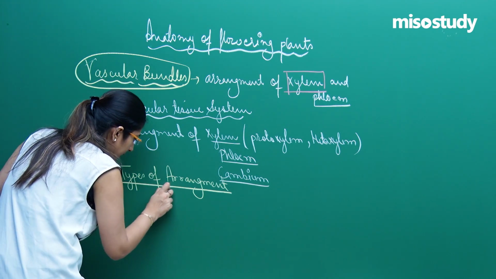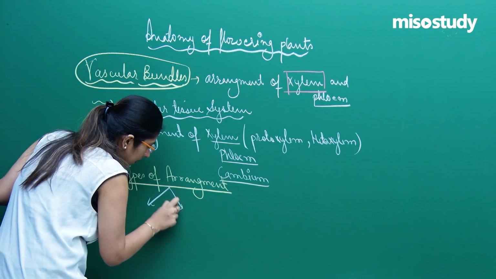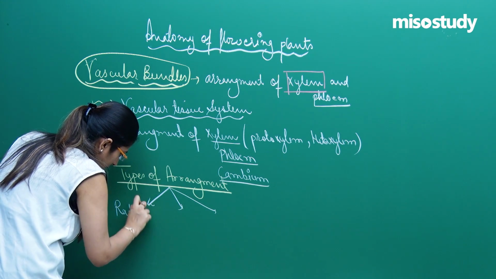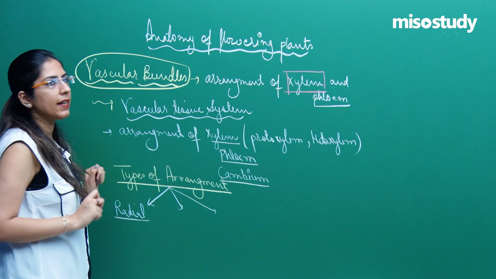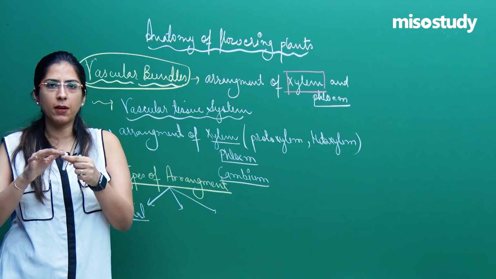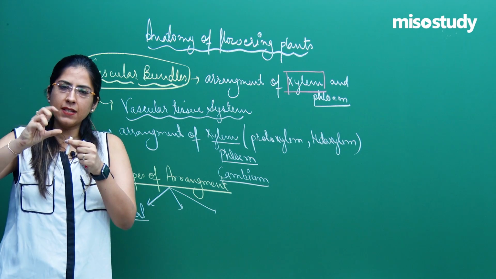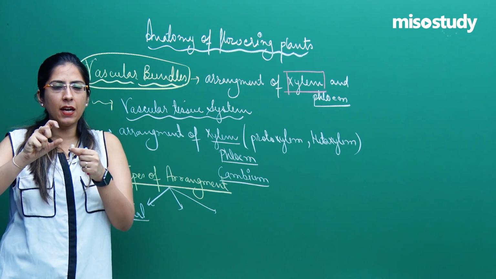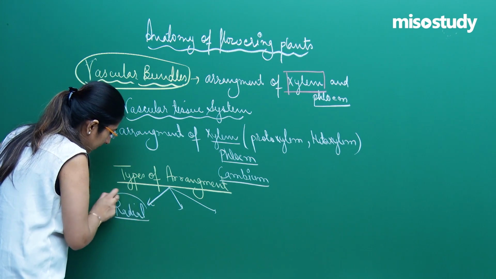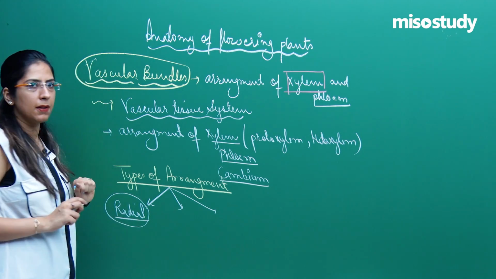The major type is the radial type. Radial type of arrangement is that arrangement in which the xylem and the phloem are not present on the same radii, rather they are present on different radii. And we have many examples of these radial types as well.